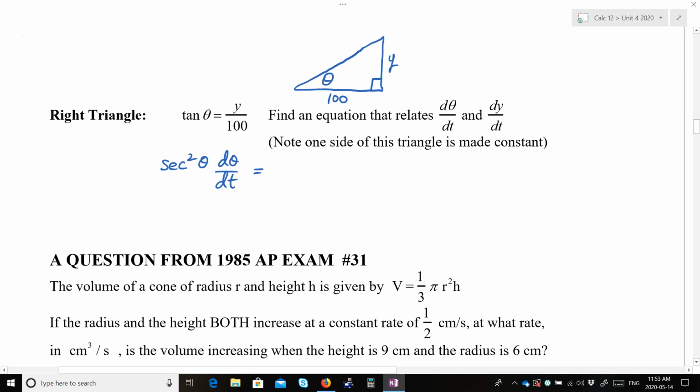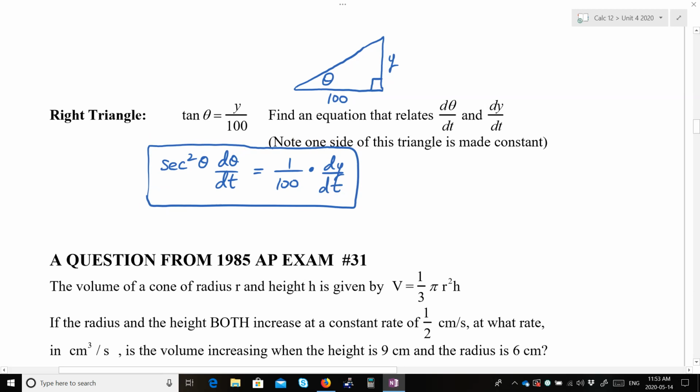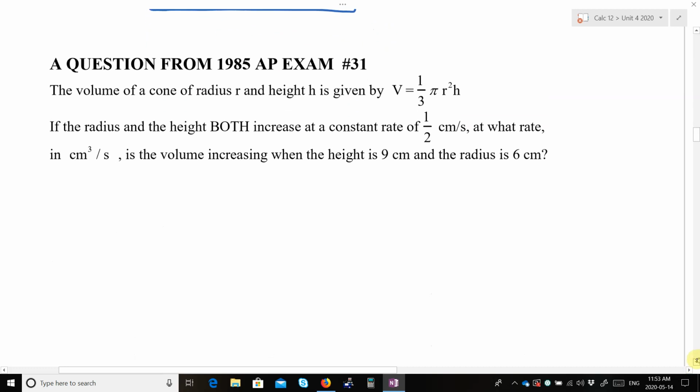And the derivative of y over 100 would be 1 over 100 times dy dt. And there's our derivative. Awesome, so we can get on to a question from the 1985 AP exam, number 31.